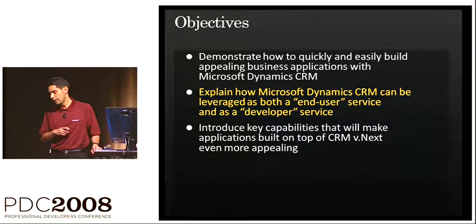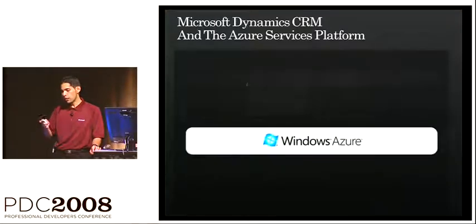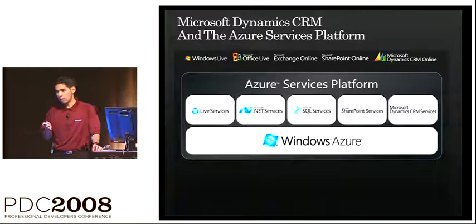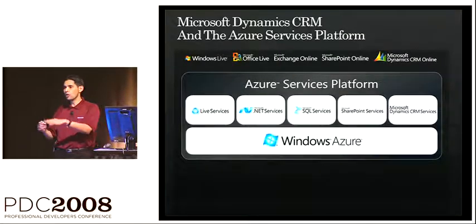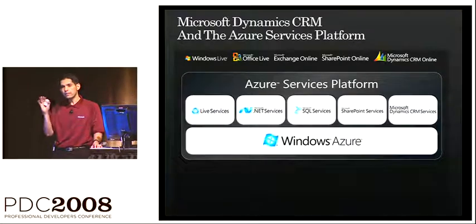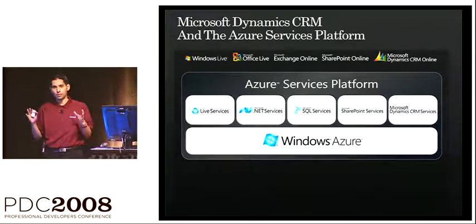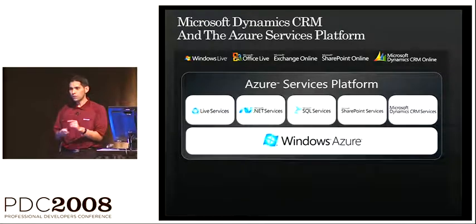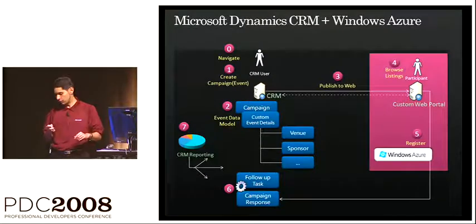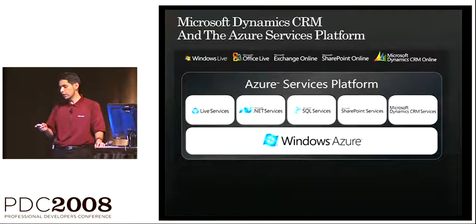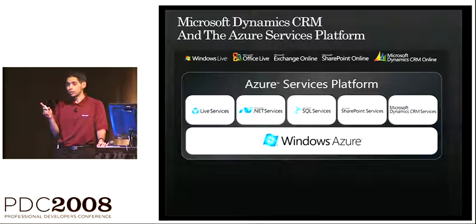So you probably paid a lot of attention to this diagram during the keynote, and that's because you're probably going to see this slide over and over and over through all the presentations, and it basically depicts what is the strategy from Microsoft all up around cloud services. You also notice that CRM is actually named there twice.